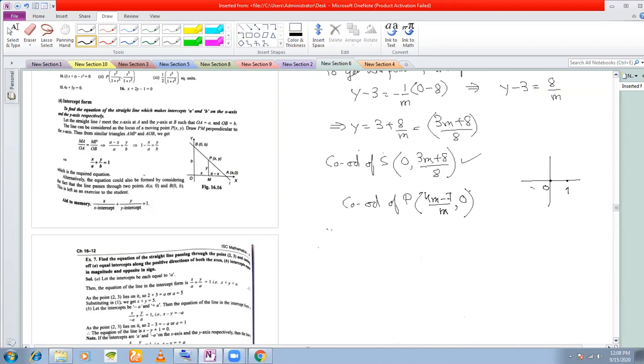This is a point on the x-axis, because the y-coordinate is 0. So without even using the distance formula, you must know that OP is simply (4m minus 7) by m. Because this distance is (4m minus 7) by m. Right or wrong?